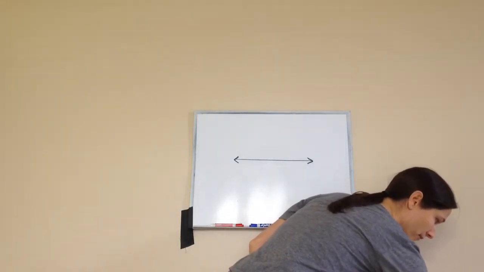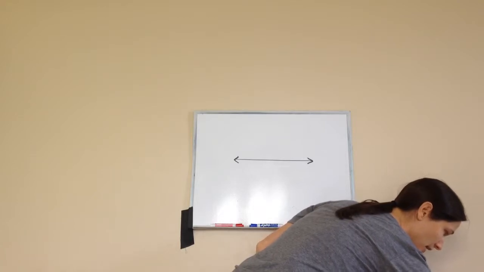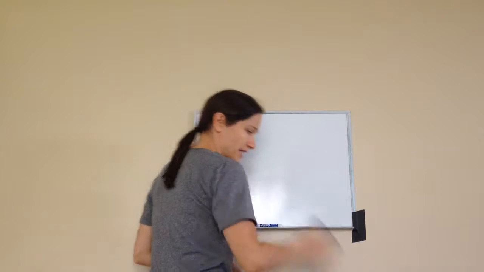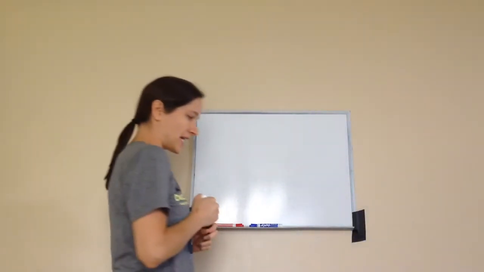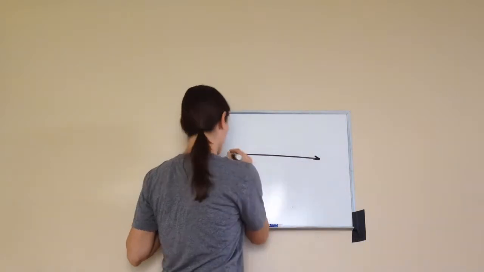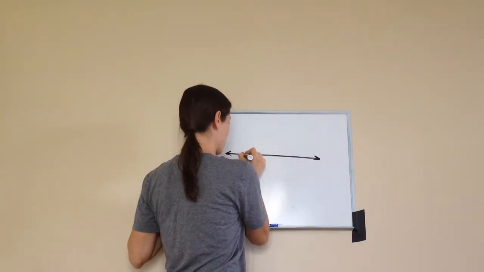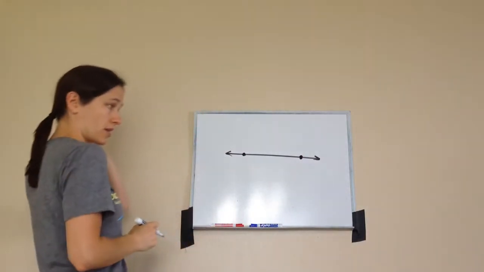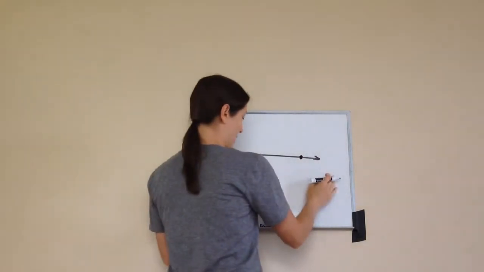Now, let's look at our next page, the next thing we're going to teach, okay? Now, here we go. Let's go and draw that line back up there, okay? And I'm going to teach you 3 different names of a line, right here on this line, okay?